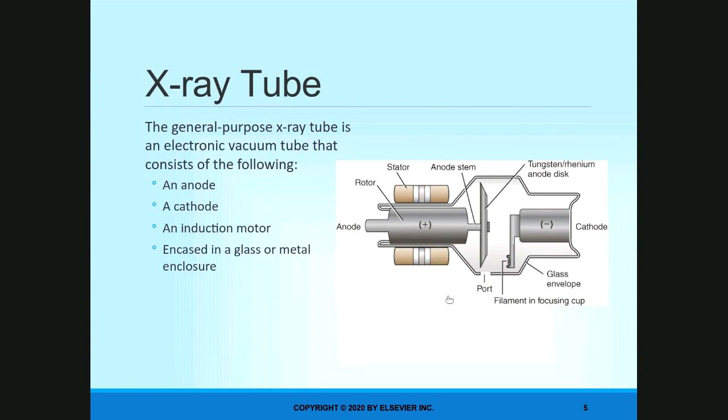What happens though with these glass tubes is as it gets older, you end up with some vaporized tungsten from the filament that can deposit on the inside of the glass, which is called the sun tanning effect, or makes a gassy tube.